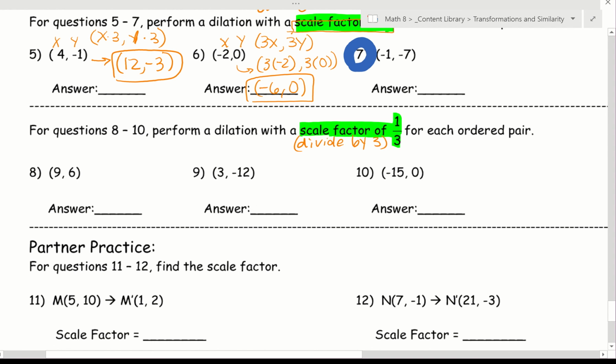Okay, so again, this is my x, this is my y. We'll have x divided by 3, y divided by 3. You can also multiply by 1/3. There's nothing wrong with that. You can put that straight in your calculator. So we'll have 9 divided by 3 and 6 divided by 3. My new x is 3. My new y is 2.